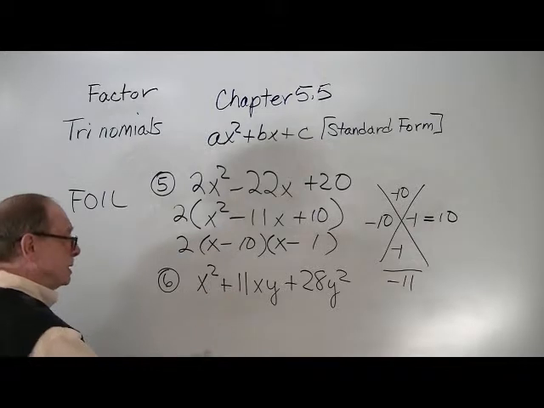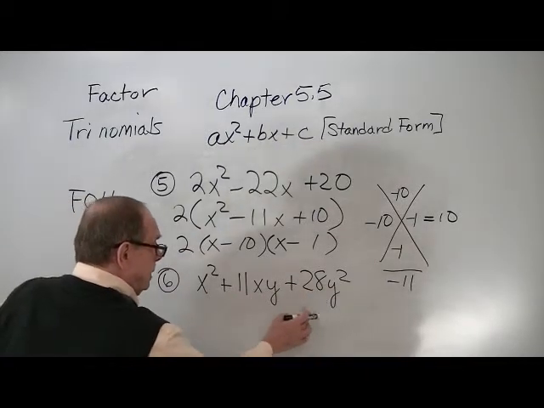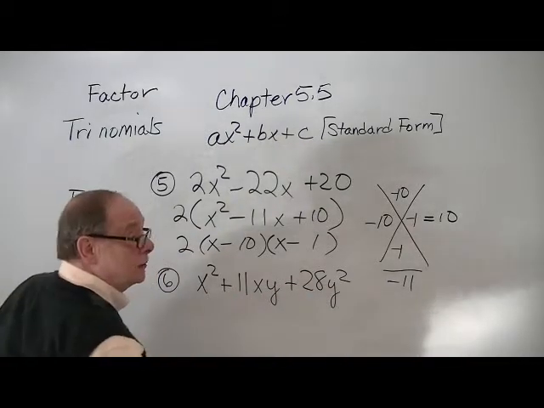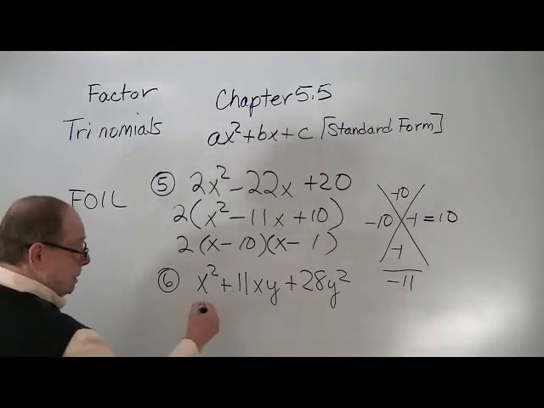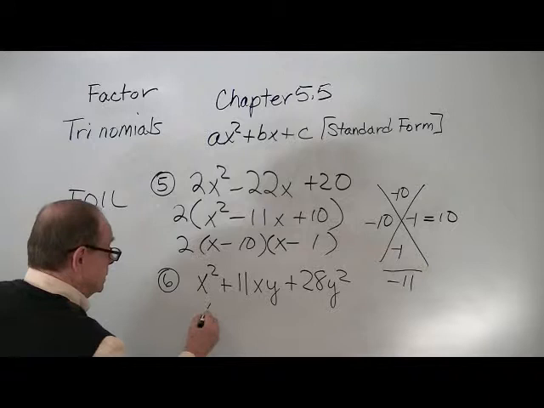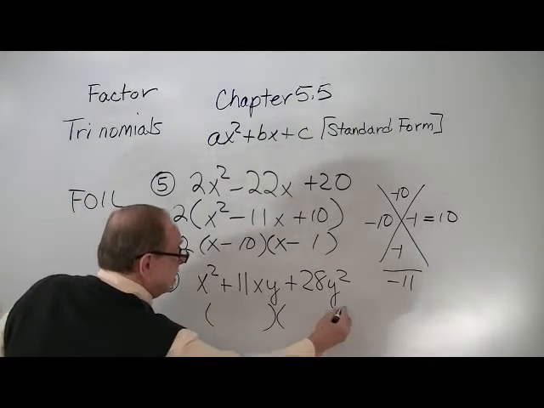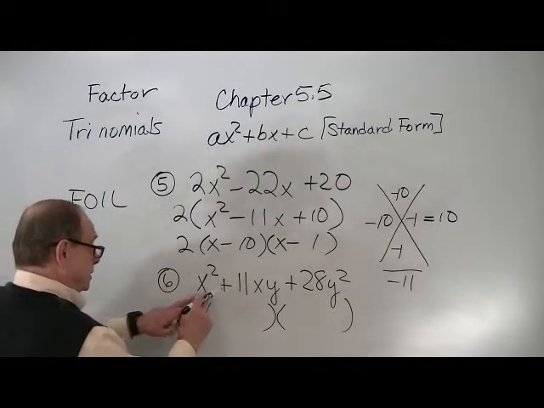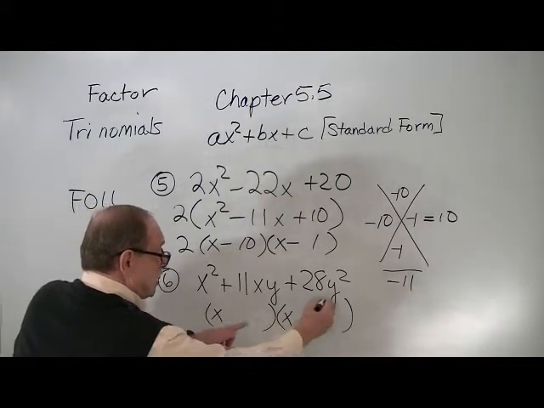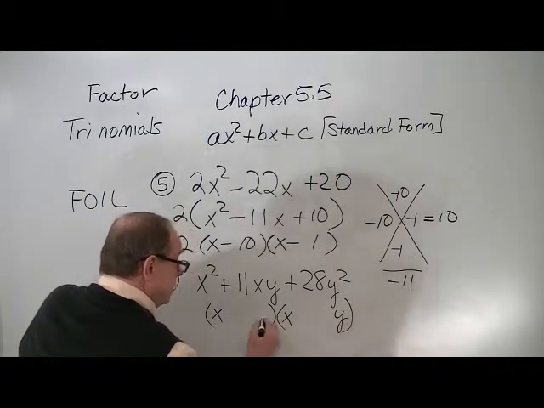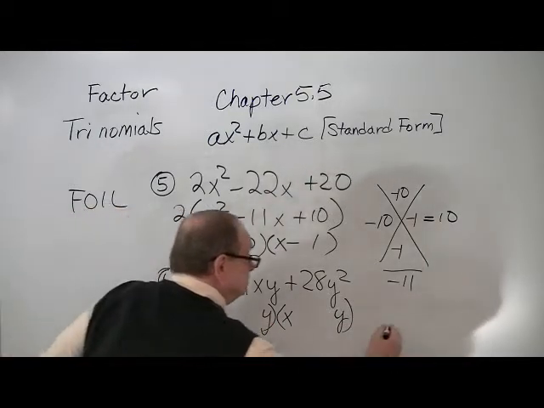All right, this next one's a little different because now we've introduced another variable. Standard form, so 2 parentheses. And notice we're going to need an x there, but we're also going to need a y there and a y there.